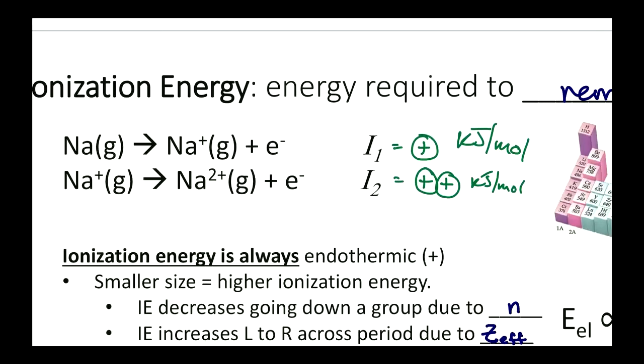No. Why do you not think this reaction will happen? Yeah, sodium 2+, that doesn't happen. Sodium typically forms what charged cation? +1, because it is a 1A element. So this second electron is not likely to come off. So that's why I wrote 2+. It's a really, really large number.